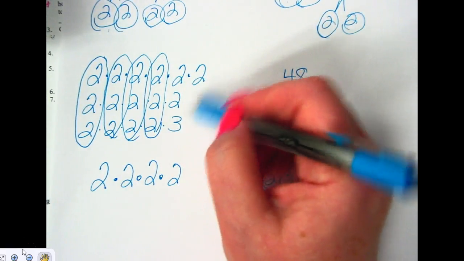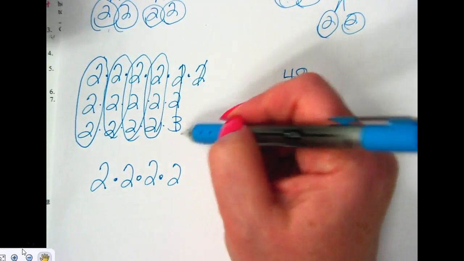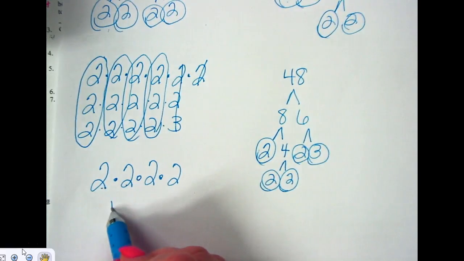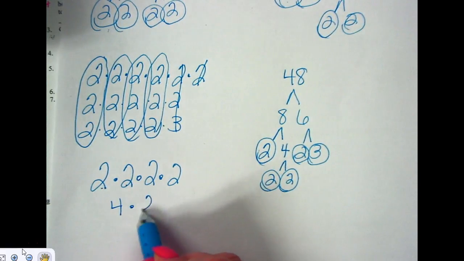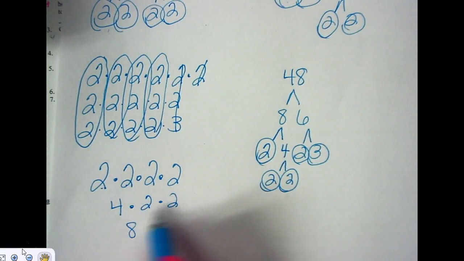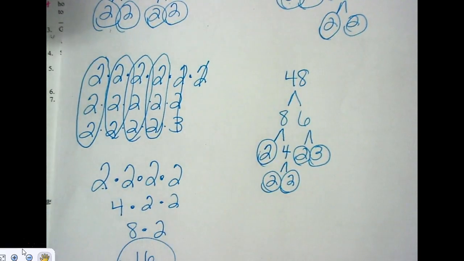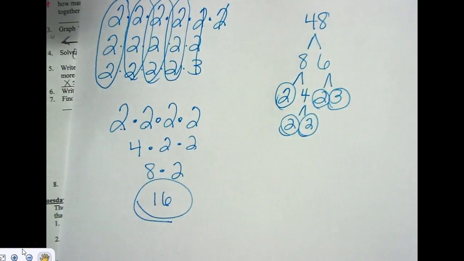No, because it doesn't have a match. This is the only 2 here. None of them have a 3. So 2 times 2 is 4. 4 times 2 is 8. And 8 times 2 is 16. So we can make 16 Easter eggs filled with jelly beans.